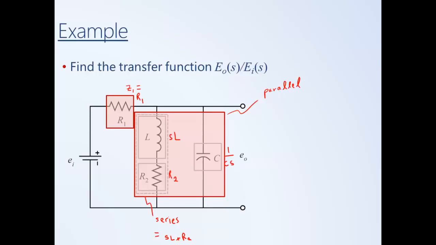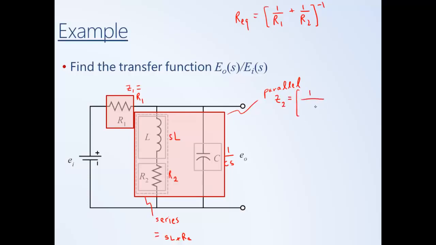And if we recall, the equivalent resistance of two resistors in parallel is the inverse of each individual resistance summed together, and then the inverse of that complete sum. So I will call the equivalent impedance of these two branches in parallel Z2.